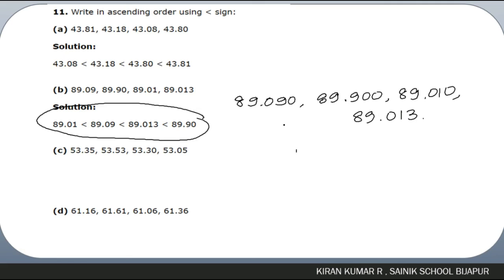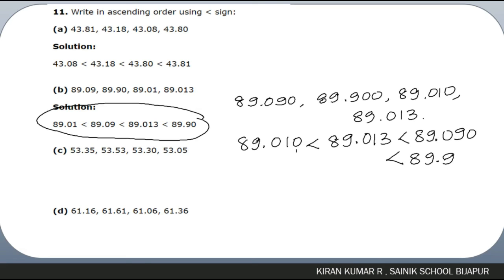Here 89.010 will be the smallest number. 89.010 is less than 89.013, less than 89.090, that is less than 89.900. This is the right order, the earlier one is wrong.